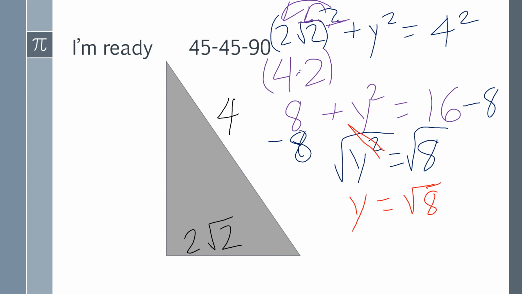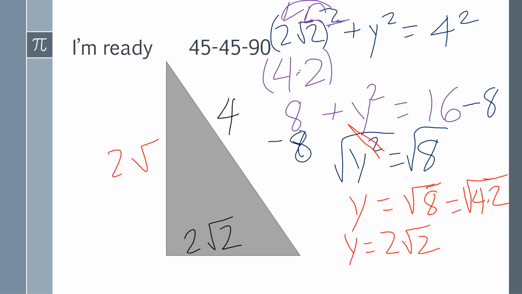If you break that down, you're going to get 4 times 2. And you know 4 is a perfect square, so y is going to be 2 times square root of 2. Again, take your time, replay this if you do not understand it, because I promise you, going through this video without understanding it, you're going to fail it every time.